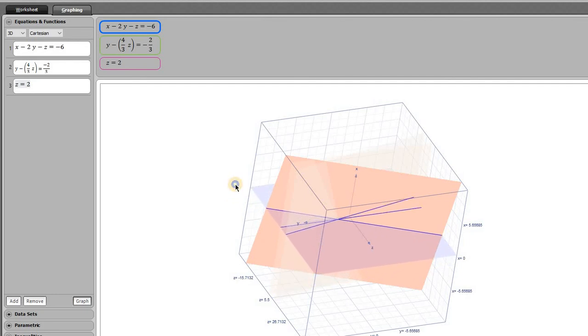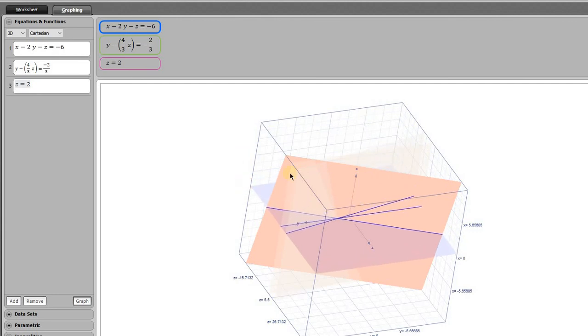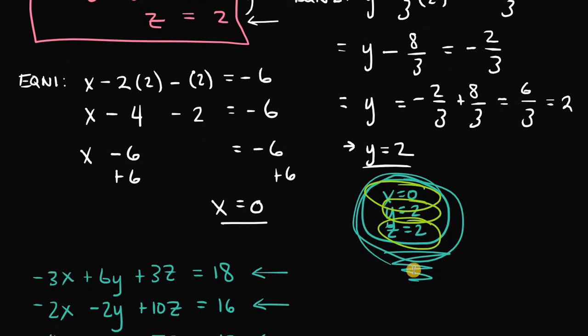Do you see the three lines intersecting? So if we were able to get those values off this graph, then they should be x equals 0, y equals 2, and z equals 2. And you can always check this using any one of your graphing software to verify that you did the algebra correctly, right?